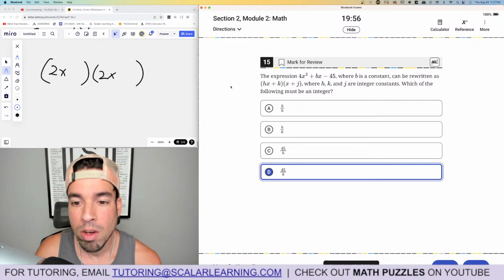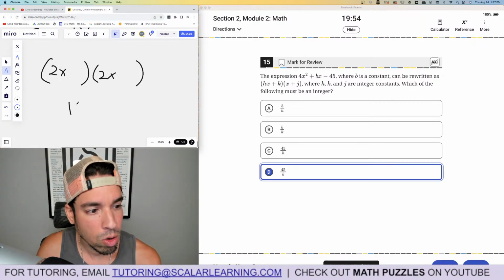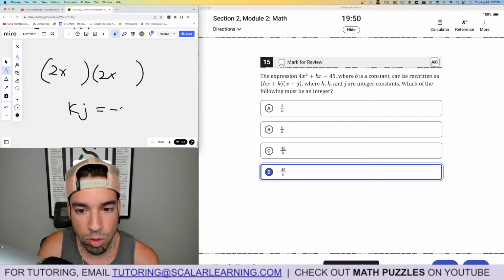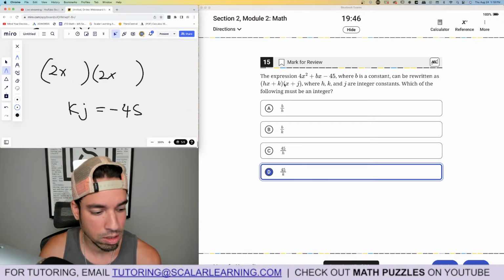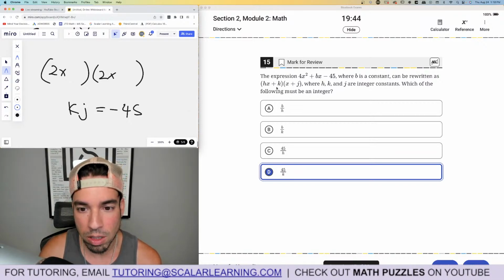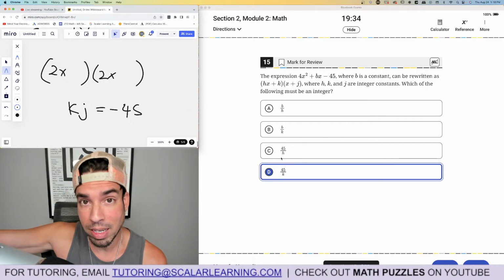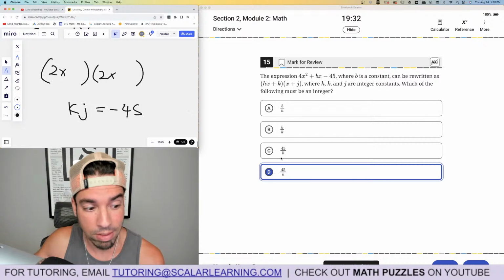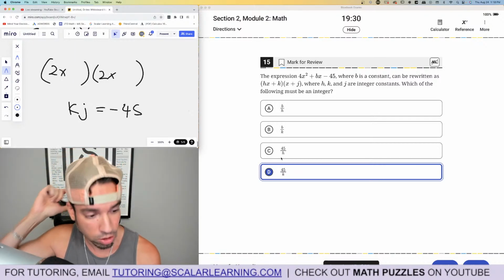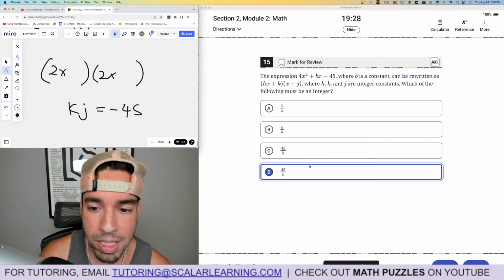I know that k times j is equal to negative 45, because at the end of this we're FOILing, and k times j gives us that negative 45. That means k is a factor of 45, and so is j. So if they had 45 over j, that would also be an integer because it's a factor, so it divides evenly and becomes a straight up integer. So it's got to be this.